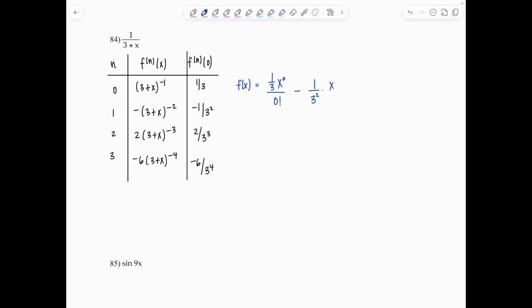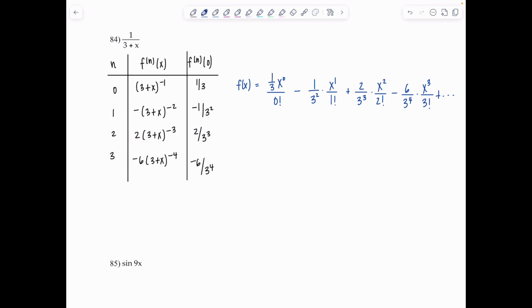And then we have x to the first over 1 factorial plus 2 over 3 cubed times, I had to stop and think for a second, did I mess up? No, I did not. X squared over 2 factorial minus 6 over 3 to the fourth times x cubed over 3 factorial plus blah, blah, blah.